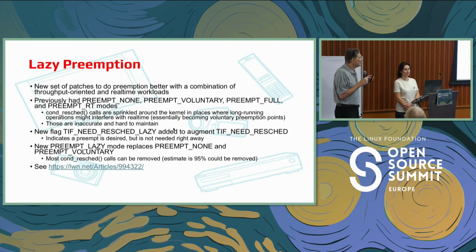Thomas Gleixner has estimated that about 95% of the conditional reschedule calls could be eliminated, significantly reducing the burden of maintaining real time over time. That was always one of my concerns: once we got it in the kernel, it would be difficult to maintain. It's not going to scale if we need a superhuman maintaining it on an ongoing basis.